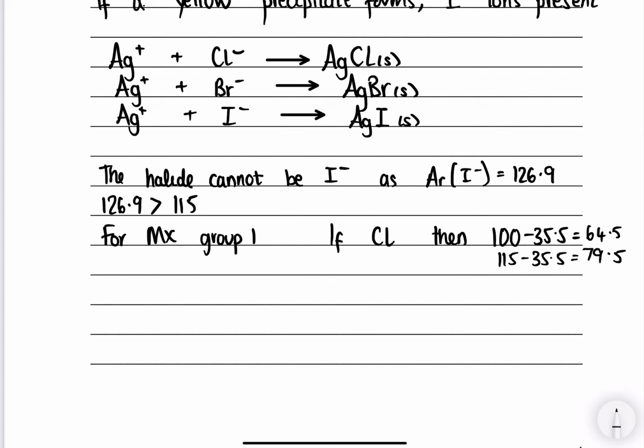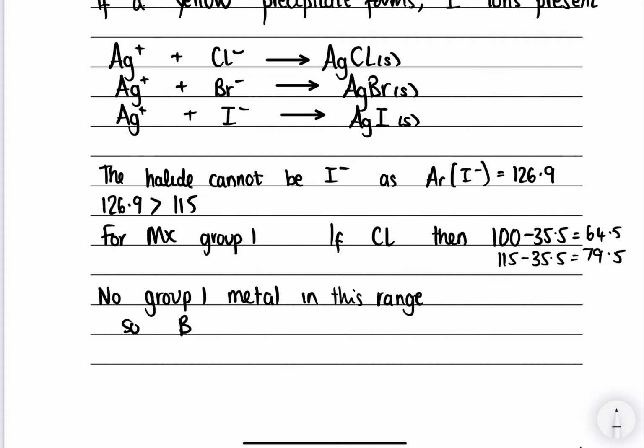If you go to the periodic table, there is no group 1 metal with an Ar between 64.5 and 79.5. So no group 1 metal in this range.